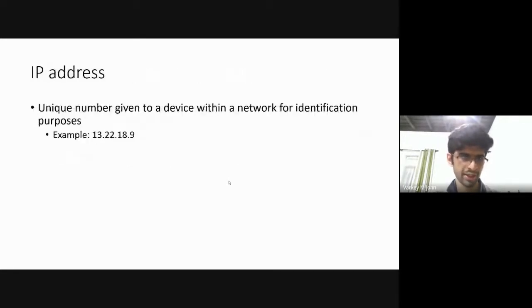Yeah, so now we'll go to some basic computer network theory. So first, what is an IP address? An IP address is basically a unique number given to a device within a network for identification purposes. So for example, 13.22.18.9 is an example of an IP address. There are essentially two addresses that a device uses in a network.